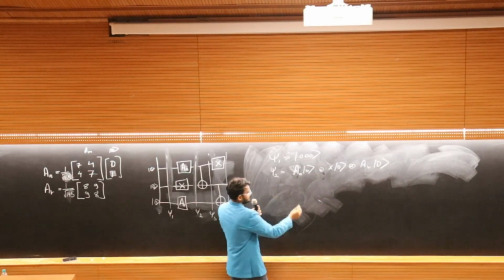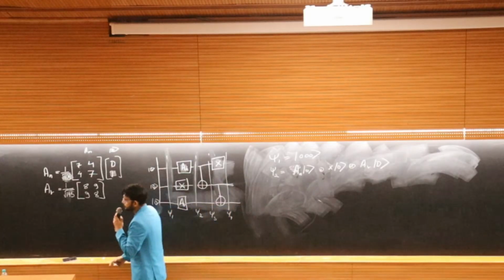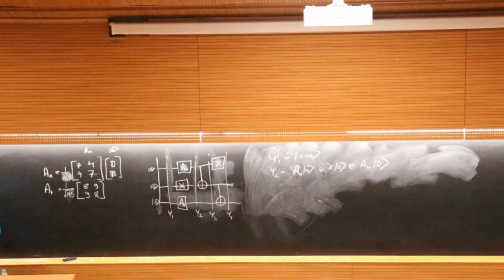So this Anurag into 0, what is it giving you? This 7, 4. Or basically, can you write this as 7 by root 65.